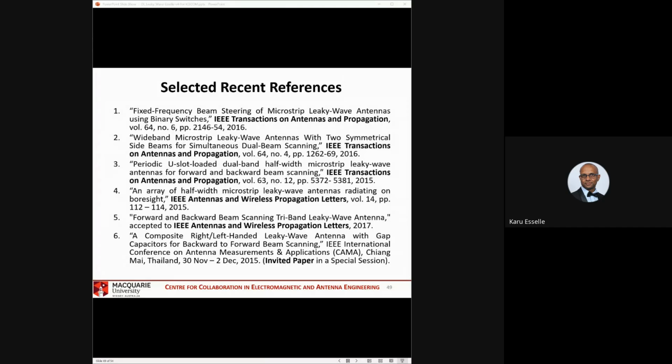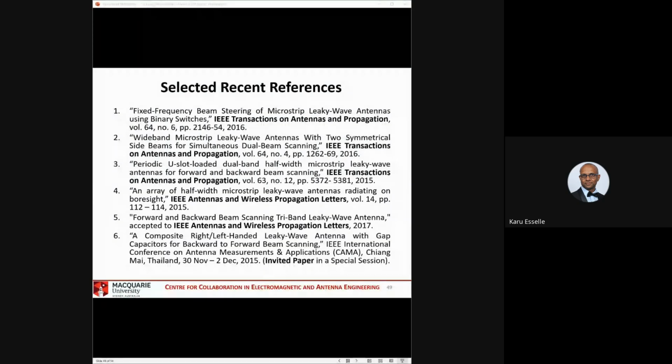I'm not going to go into the 2D leaky wave analysis of resonant cavity antennas, but it is worth saying that some experts in leaky wave antennas, like David Jackson in USA, Esselle, Filippo Capolino, previously in Italy, now he's also in USA, have analyzed this kind of antennas using leaky wave theory.